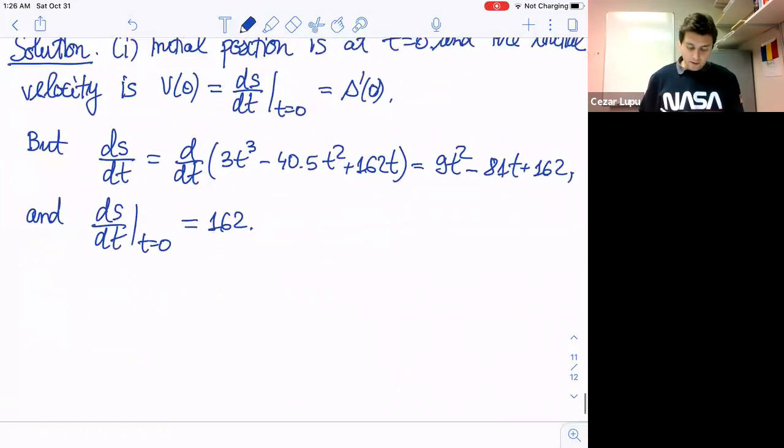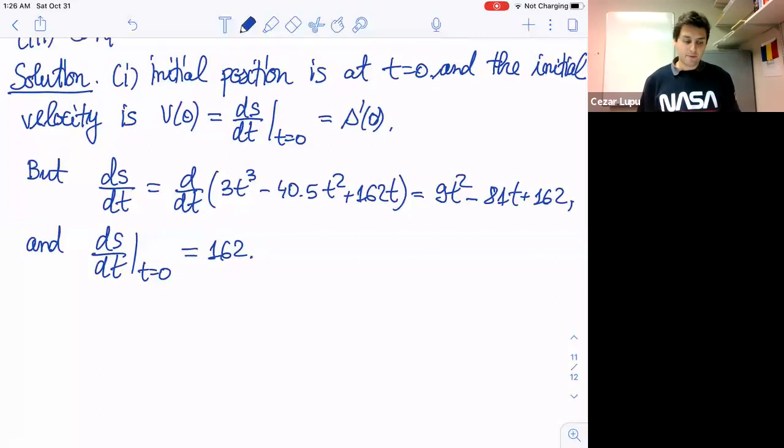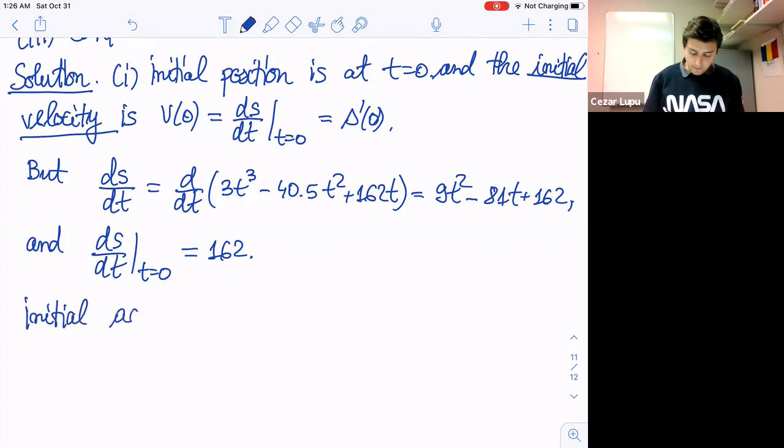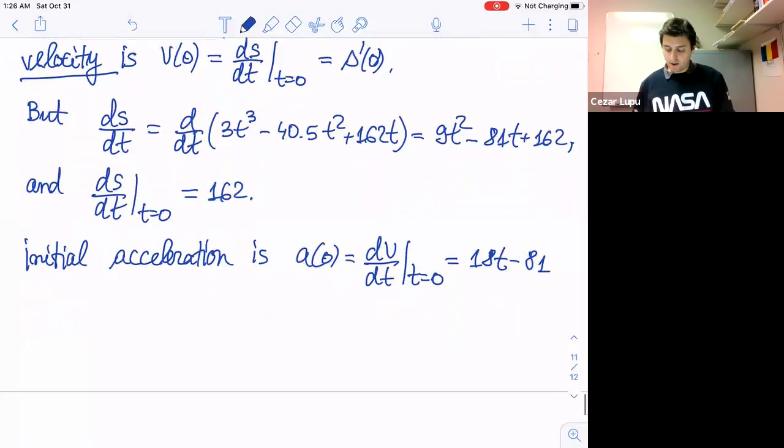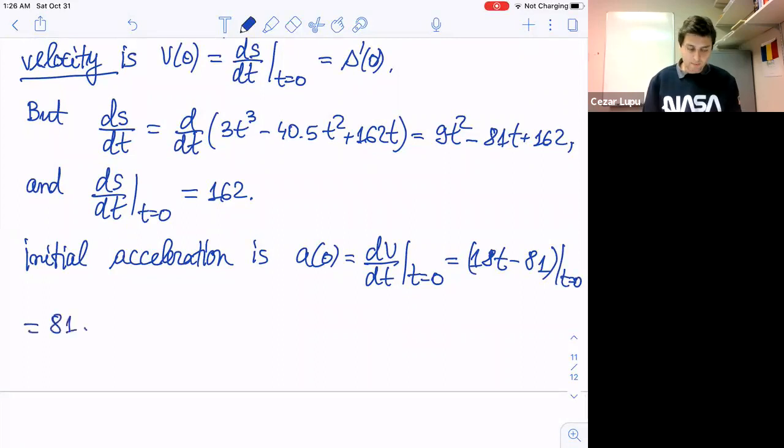That's the initial velocity. Now the initial acceleration is a of 0, which is the derivative of the velocity, dv over dt at t equals 0, which is 18t minus 81, evaluated at 0, and this is just negative 81.